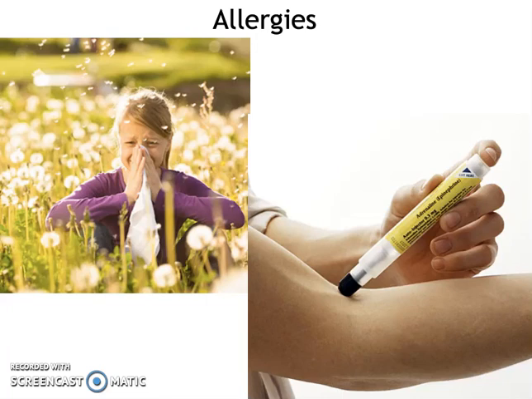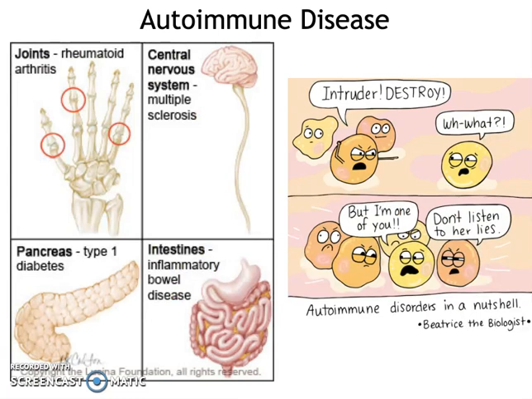Next, we'll talk about autoimmune diseases. Autoimmune diseases are when the immune system attacks tissues of the body, destroying important tissues of the body. Examples of autoimmune diseases are what you see here. Rheumatoid arthritis, or arthritis that a child may end up with, is when the immune system attacks the joints.